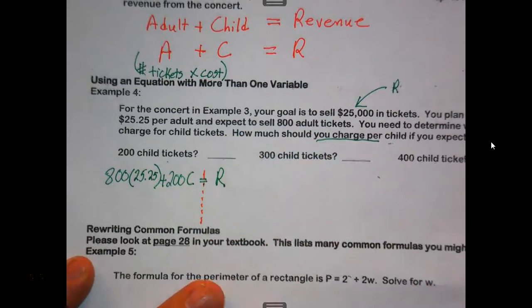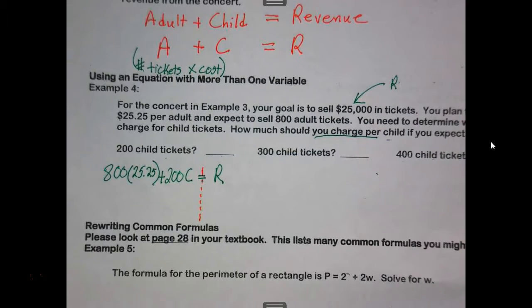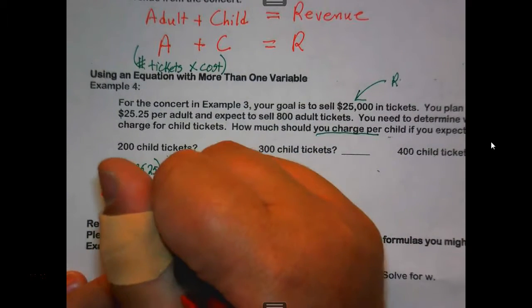Okay. 800 times 25.25. It's coming in my head right now. Tommy, thinking about it? 20,200.